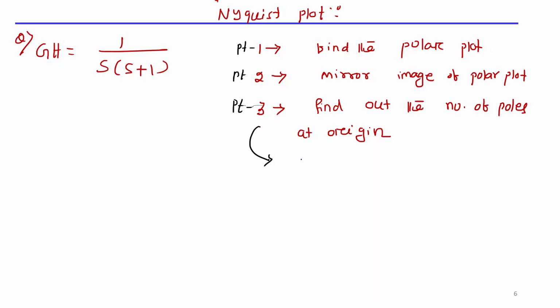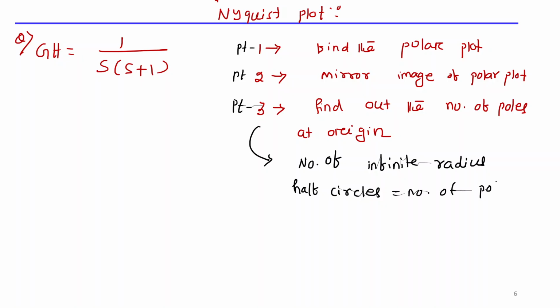After finding the number of poles at origin, you have to see that the number of infinite radius half circles is equal to the number of poles at origin. Suppose in this question one pole is at origin. Poles at origin is 1.